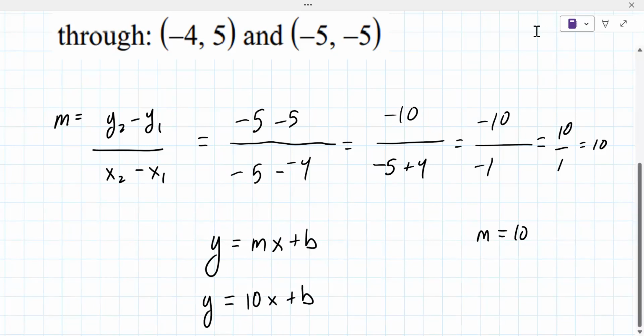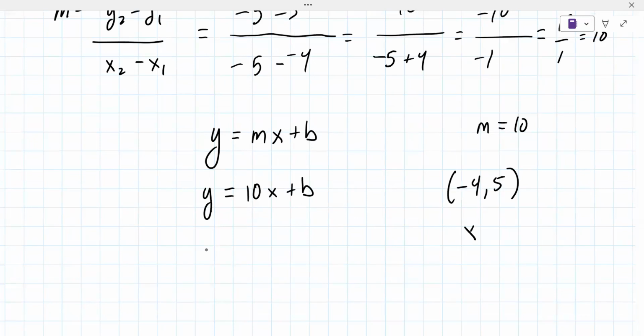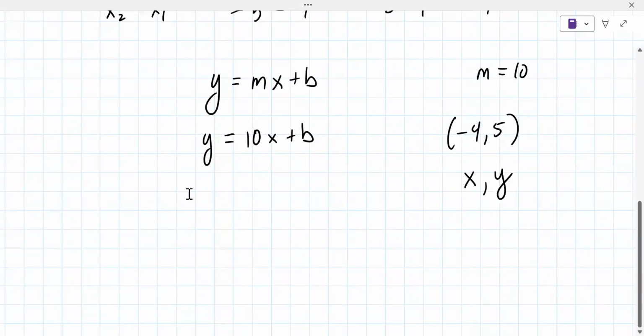Okay, so now ordered pairs here. We're going to use the first one. First one is an x and a y. So help me out here. What goes in the y position? What number?